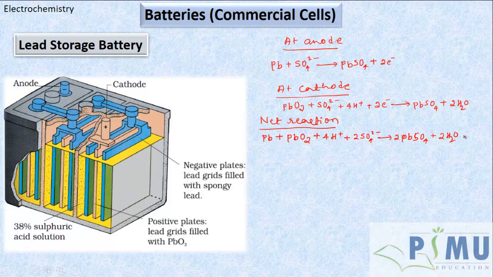The battery can be recharged by connecting it to an external source of direct current with voltage greater than 12 volt. It forces the electrons to flow in opposite direction, resulting in the deposition of lead on anode and PbO2 on the cathode.